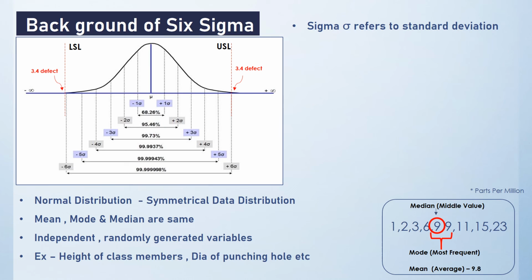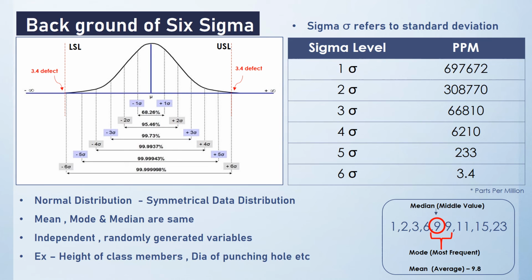If we convert this area into rejections, if it is 1 sigma, within this area of 1 sigma all the parts will be okay. Beyond that, it is not okay. Converting into rejection rate, we go into parts per million, that means 1 million parts produced, and in the 1 sigma category 6,97,062 parts will be rejected, and in the 2 sigma category 3,08,770 parts are rejected, and further you can understand from this table.